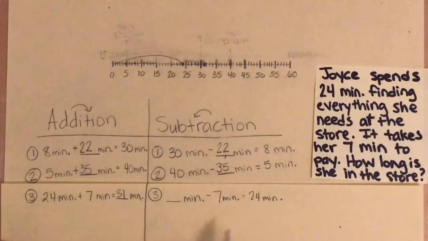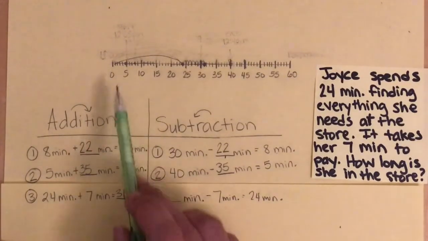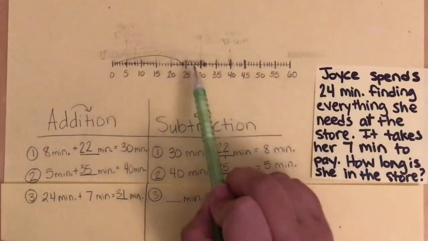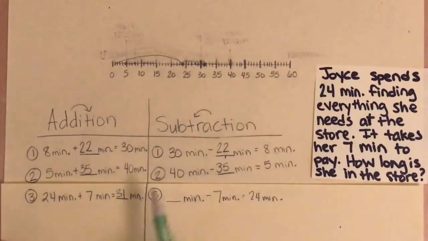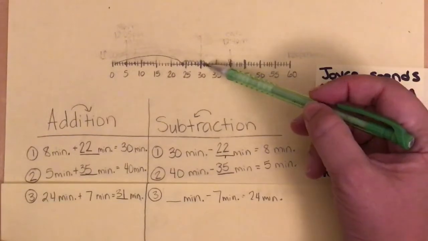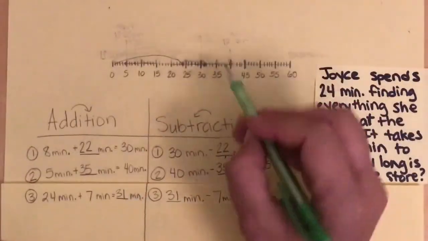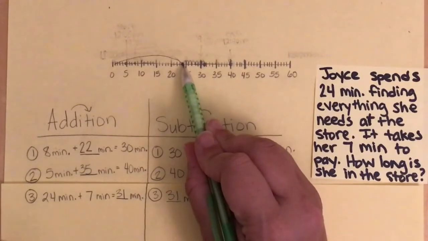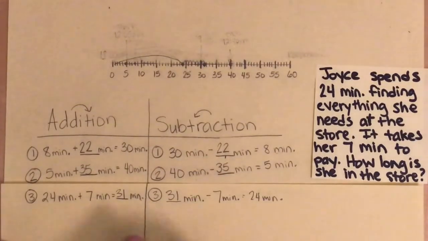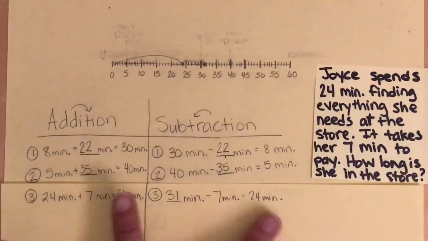So she had 24 minutes in the store, and 7 minutes paying, and that would get me to my subtracting number, and I can check that by 31 take away 7 equals 24. So again, we have our fact families to help us figure those out.